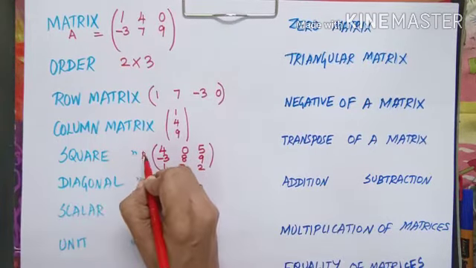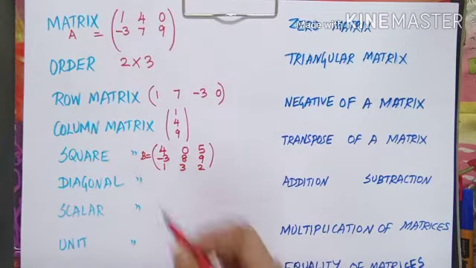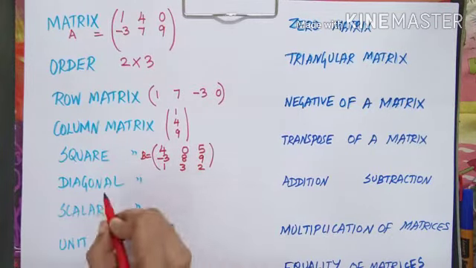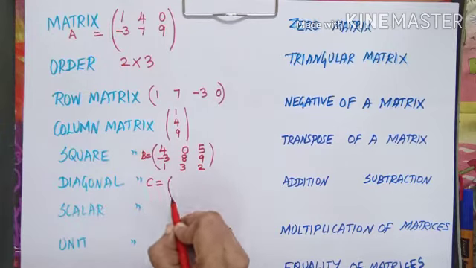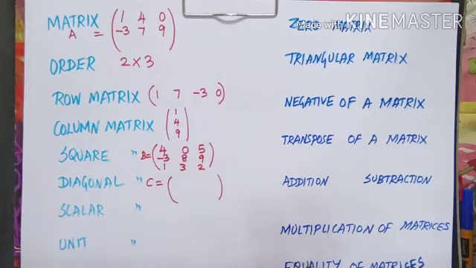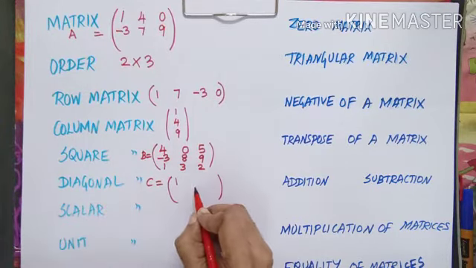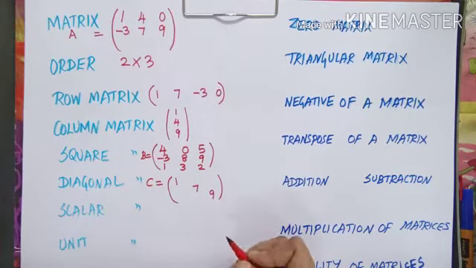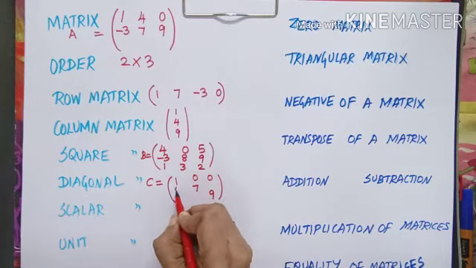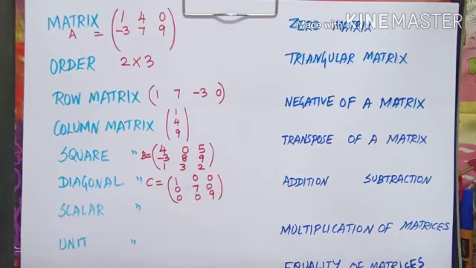This we call matrix B, some name I am giving. Diagonal matrix: only diagonal elements are present, 1, 7, 9. The remaining elements are 0. Scalar matrix.